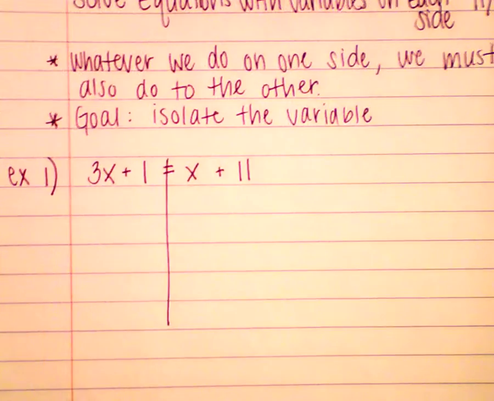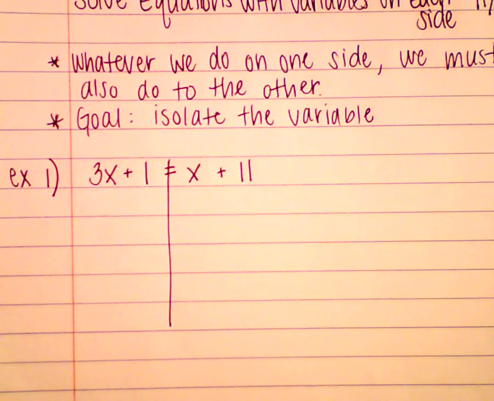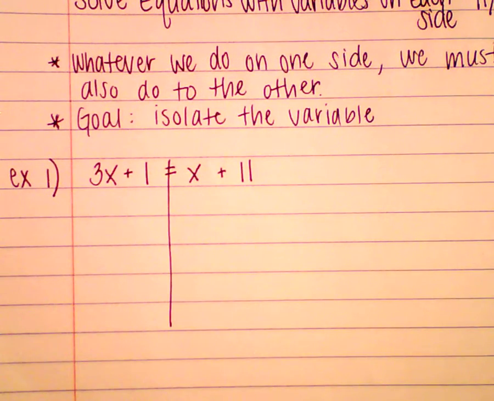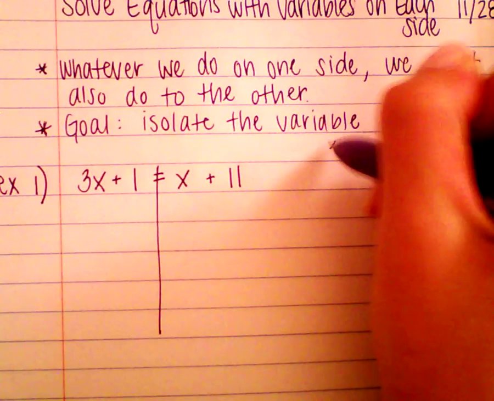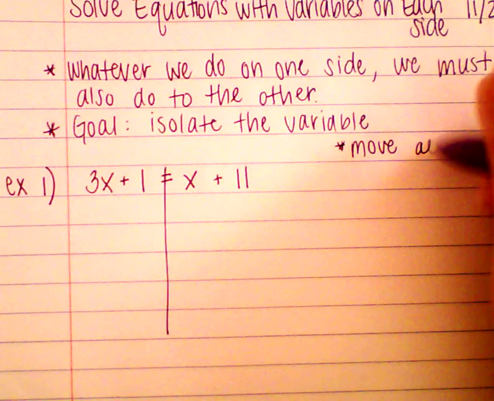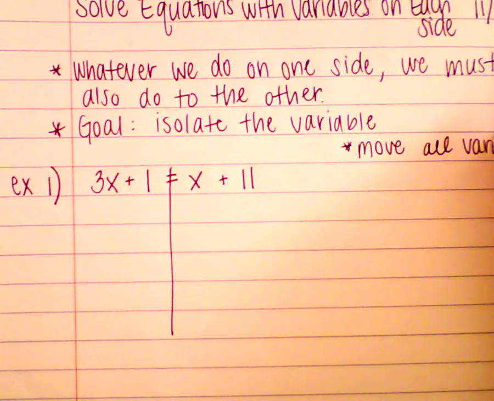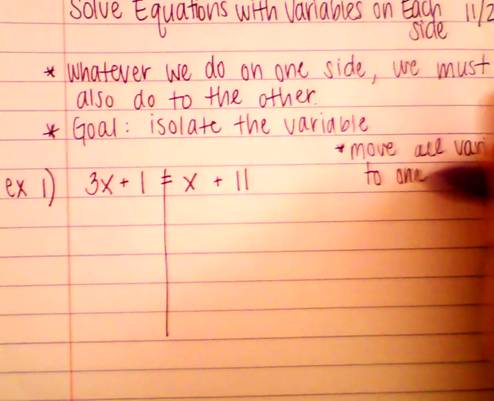So once I draw my line down the middle, which is a good indicator to remind myself that I have to do the same operation on both sides, I'm going to try and think, how can I get my x's onto the same side? Okay, so in addition to isolating the variable, a goal with this is going to be move all variables to one side.